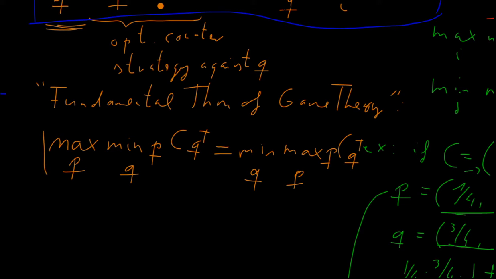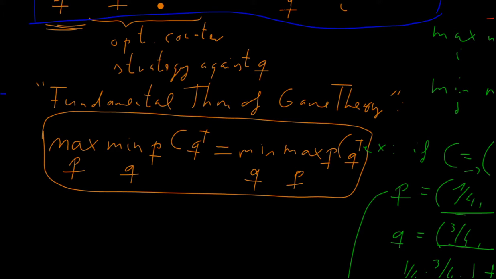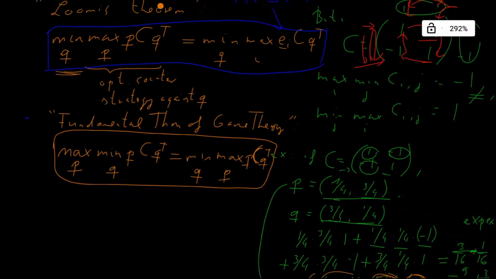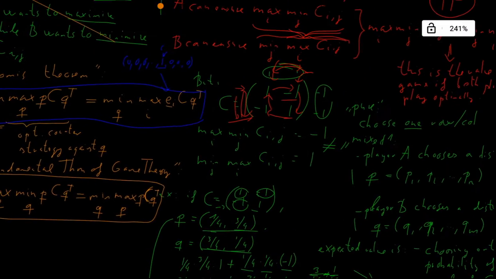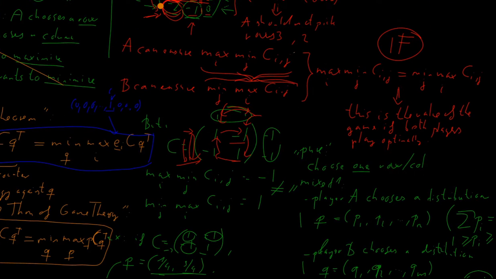That's the same. It says that if you are dealing with probability vectors, then you can replace the maximum and the minimum operators. This is the fundamental theorem of game theory. So there is always an optimal strategy. This is not the case as we've seen here, because there we are not considering all the possible probability distributions, only the pure ones.